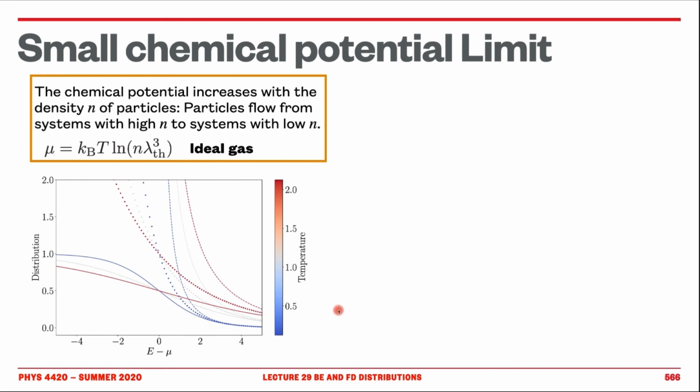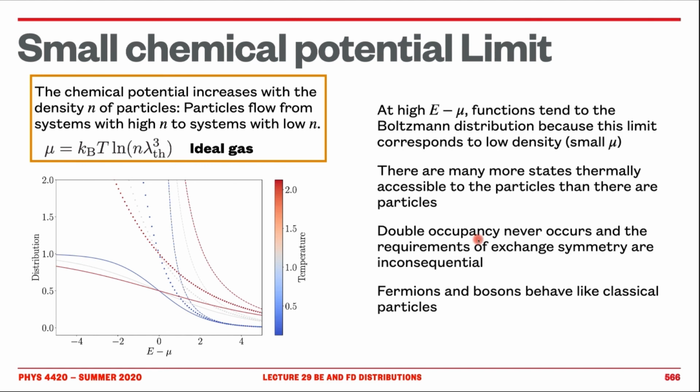Because remember, the Fermi-Dirac distribution and the Bose-Einstein distribution were introduced to deal with these occupation numbers that were changing between them. Now, we have almost no doubly occupied system. Therefore, it makes sense that they would match at low chemical potential. So in other words, if we have low chemical potential, that means low density, the system behaves essentially classically.